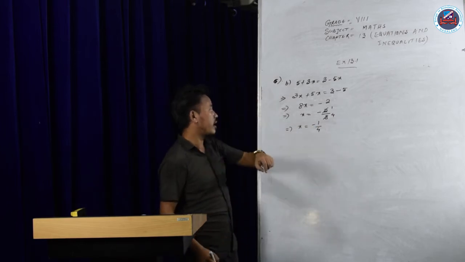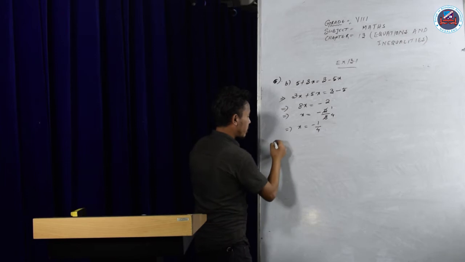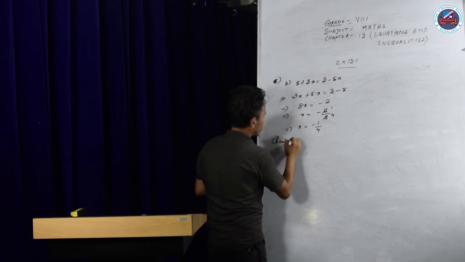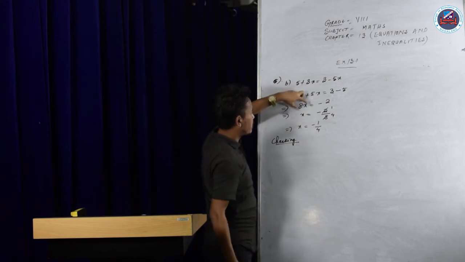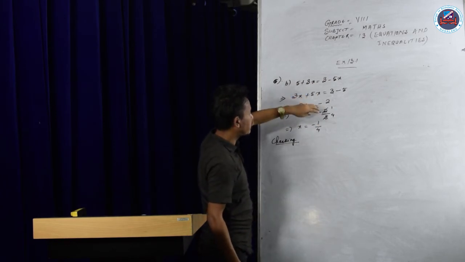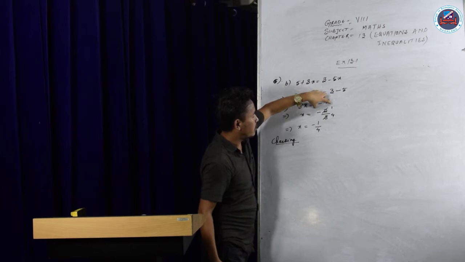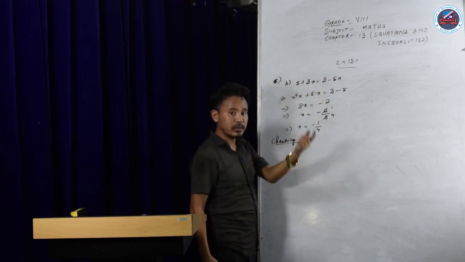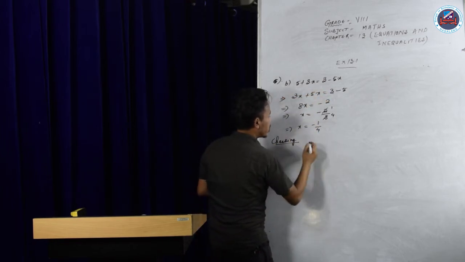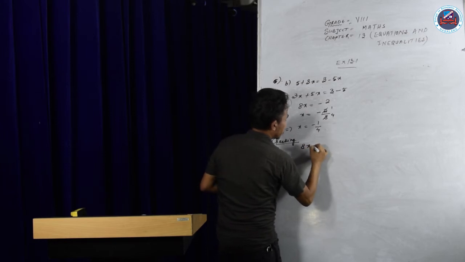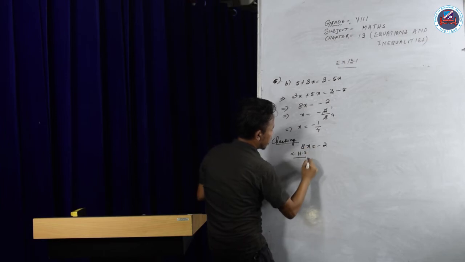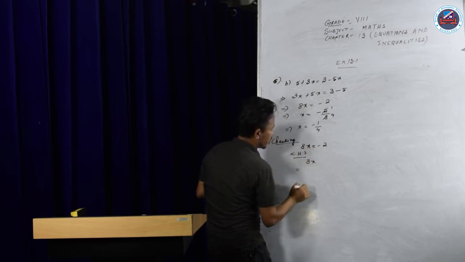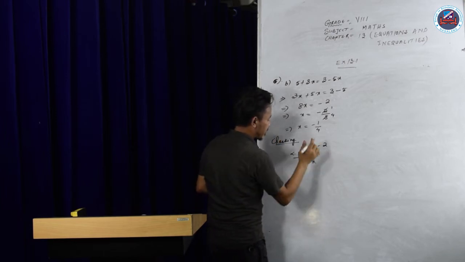Now we are asked to check the answer. So let's do the checking. Let me take this one because it's more simplified, like the previous sums which we did. I'll take the left hand side, that is 8x, equals, now let's put the value of x.